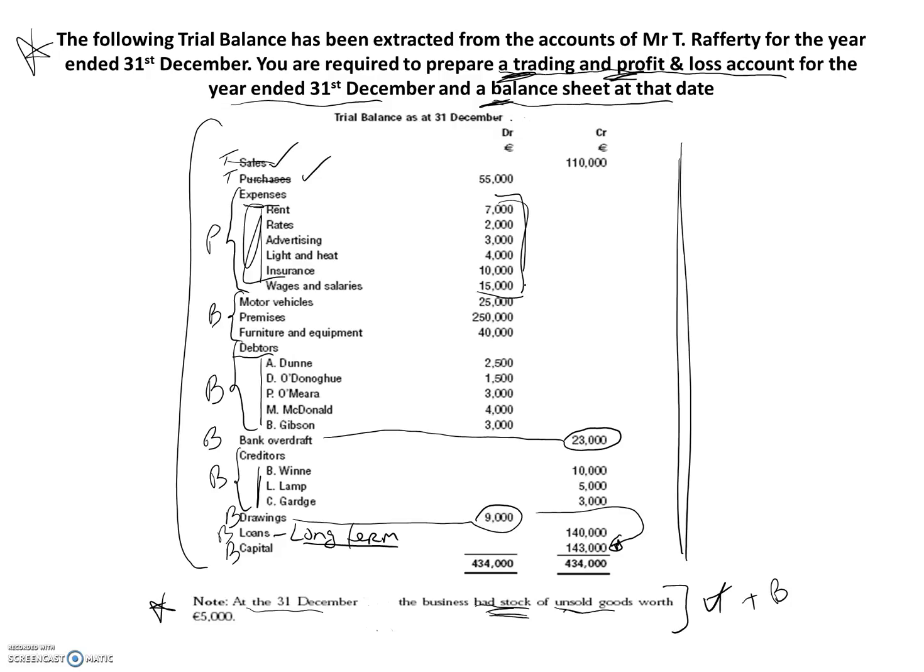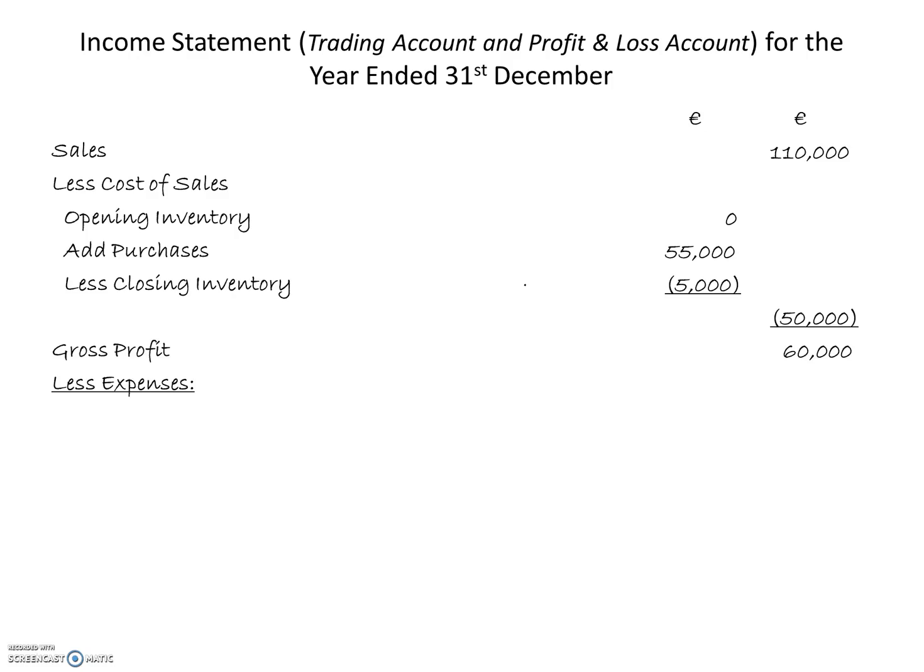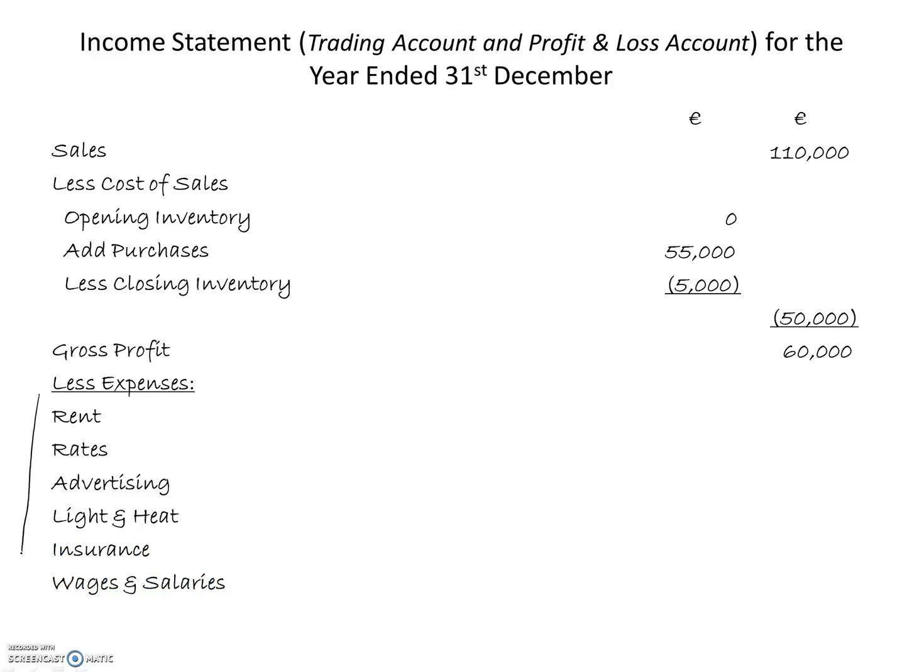So what I'm simply going to do is transcribe these figures into my profit and loss account. So I'm just going to list them down here. So I write them in: the rent, the rates, advertising, light and heat, insurance, and the wage and salaries.